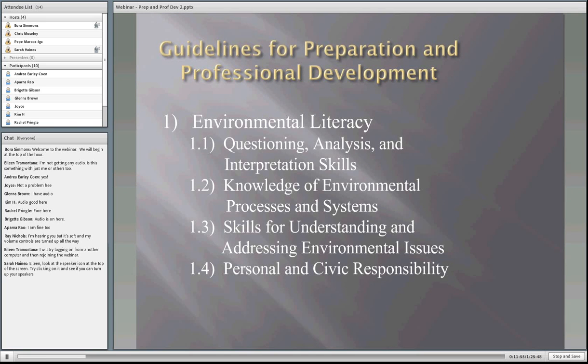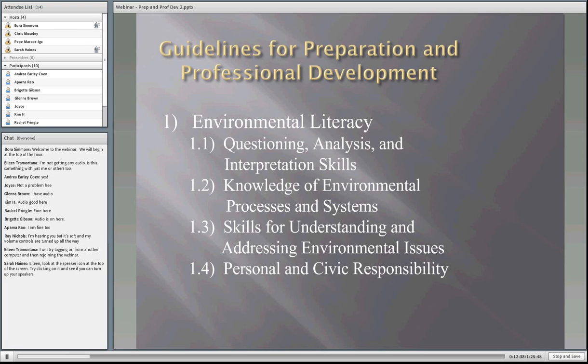The first theme has to do with environmental literacy. And our notion here is that we would hope that an environmental educator is environmentally literate, or certainly on their way to becoming environmentally literate, and that they possess the understanding, skills, and attitudes associated with environmental literacy. You'll notice here that we have the broad idea of environmental literacy, and then it's broken down into 4 component pieces of questioning, analysis, and interpretation skills, knowledge of environmental processes and systems, and onward.